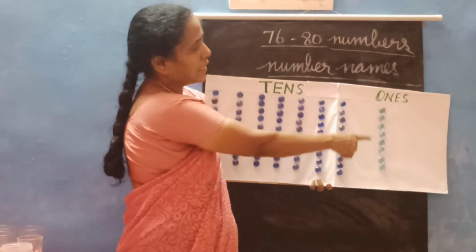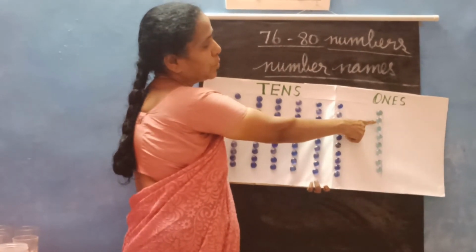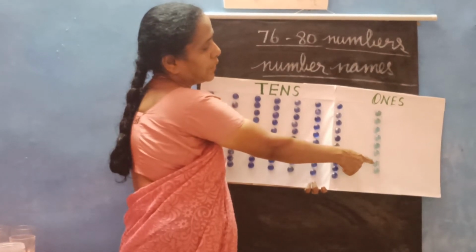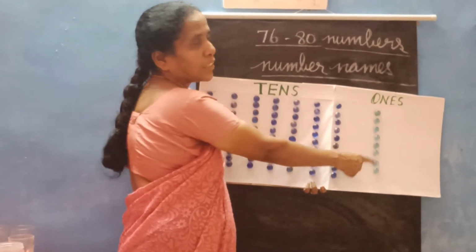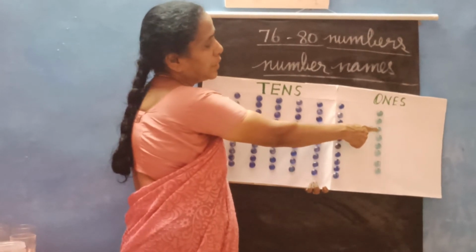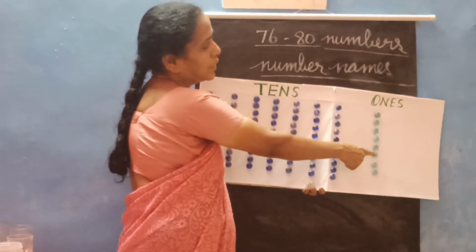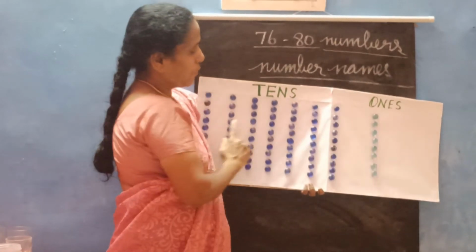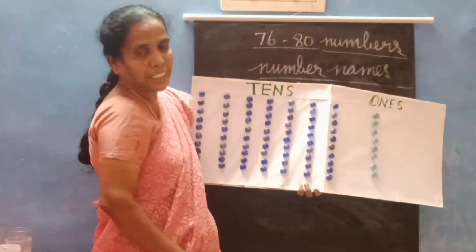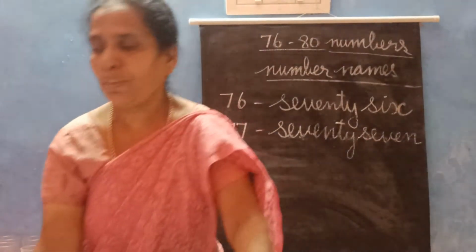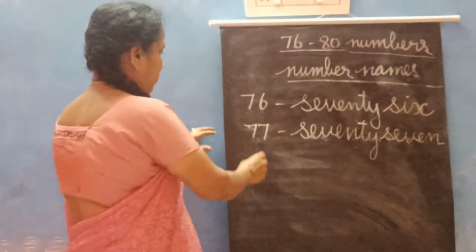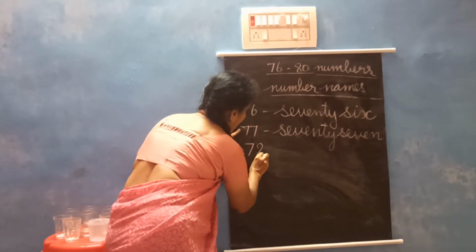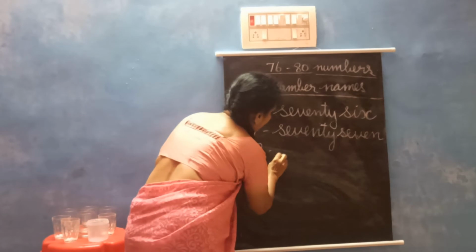The ones place: 1, 2, 3, 4, 5, 6, 7, 8. 8 ones are there. 7 tens, 8 ones, 78.